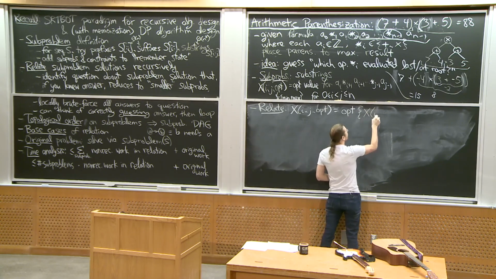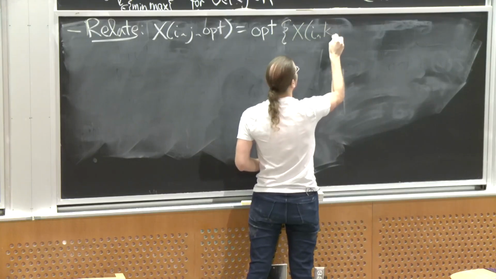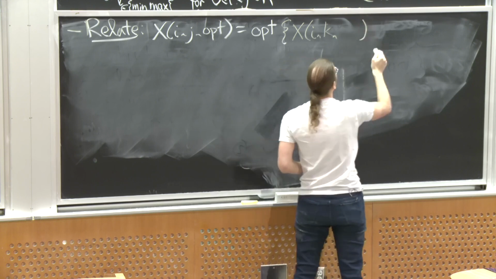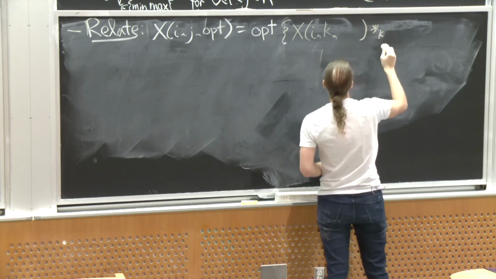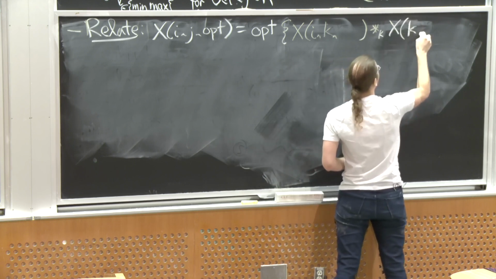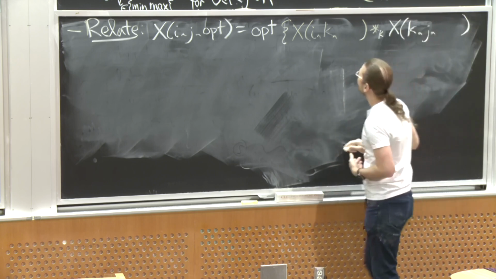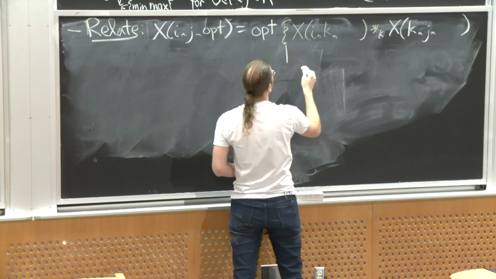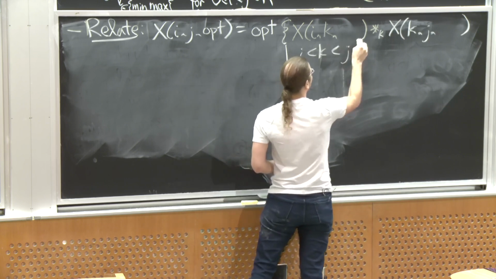So that would be x of i, comma k, comma something. And then we will do operator star k on the part after k, which is from k to j, something. Okay, and I'm choosing between, I think, i less than k less than j.